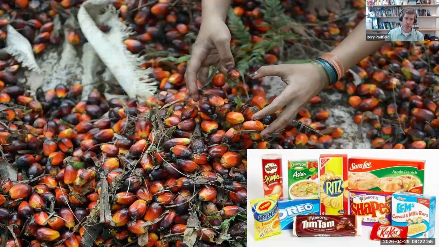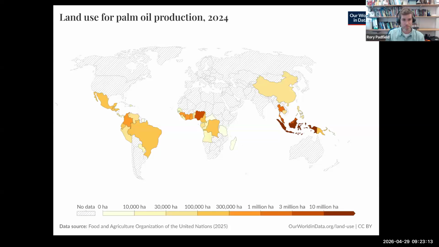In terms of the actual fruit, this is what it looks like. If you haven't seen the fruit, it has a very striking orange-brown color once you've taken it off the bunch. And of course, the crop itself is used in all sorts of different food commodities, as well as biofuel and cosmetics such as shampoos and soaps.